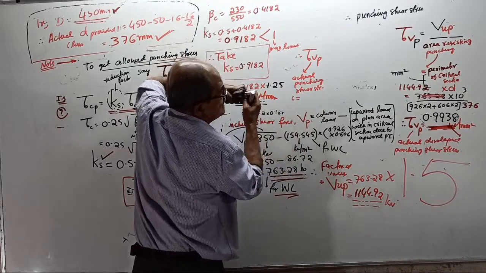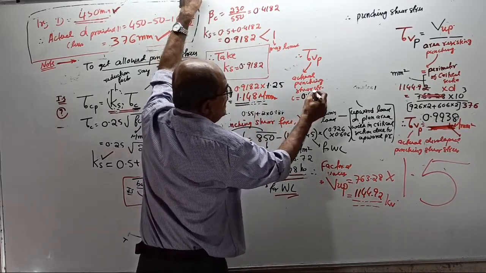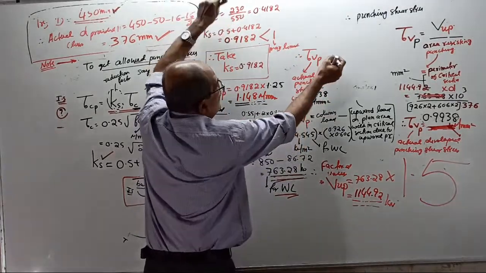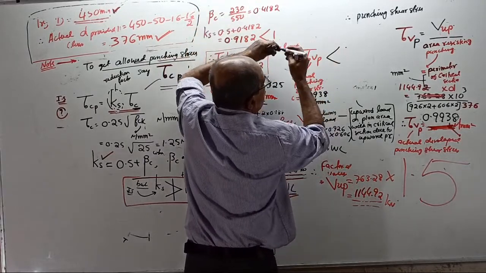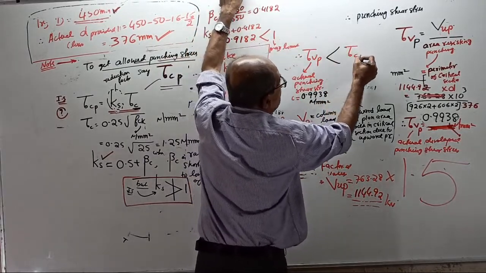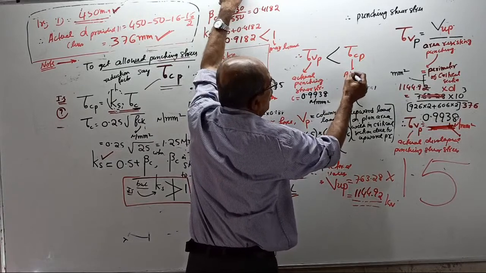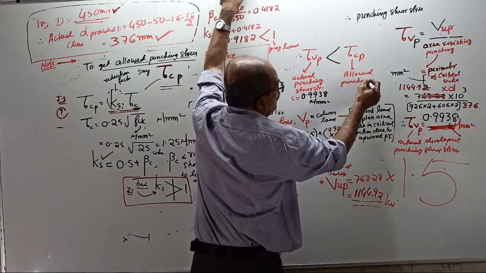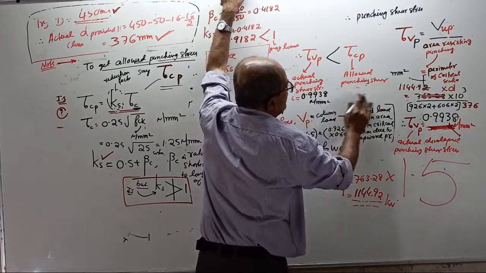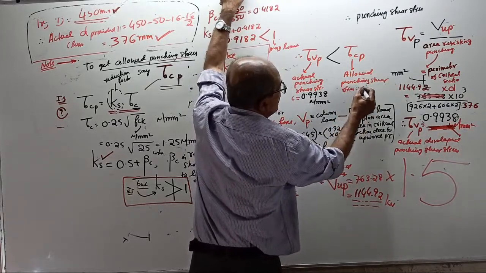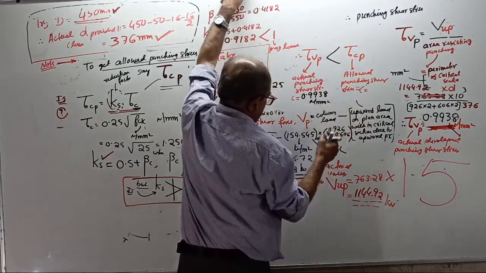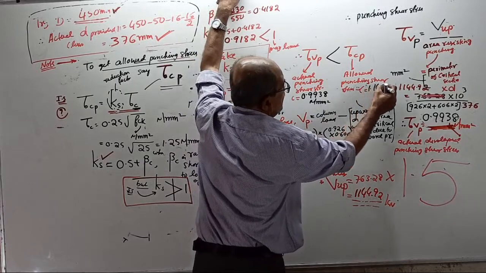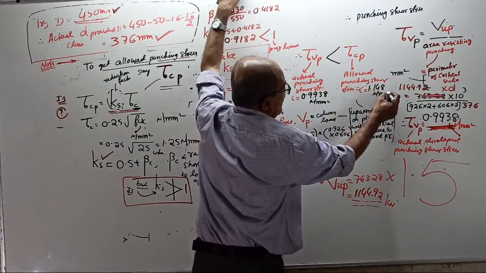Our answer is how much? 0.9938 Newton per mm square, which is less than your tau Cp. Tau Cp is the allowed punching shear stress. That is how much? 1.148 Newton per mm square.